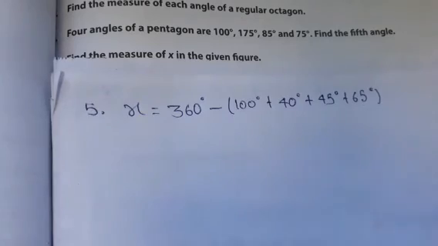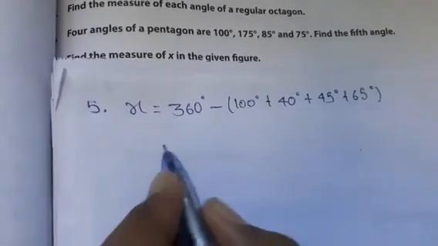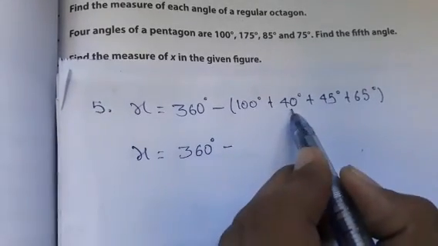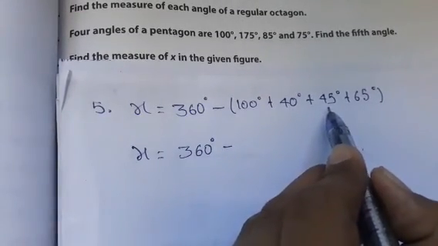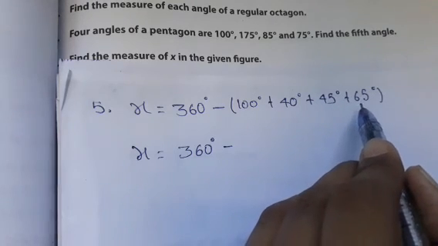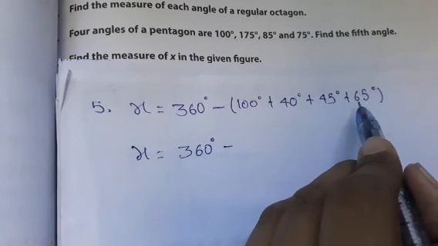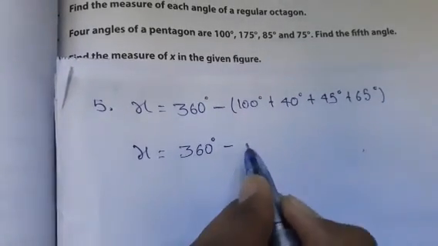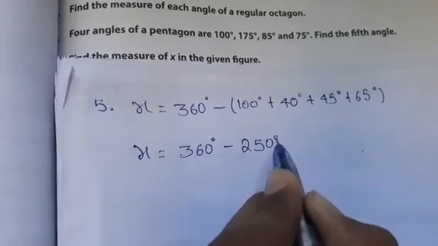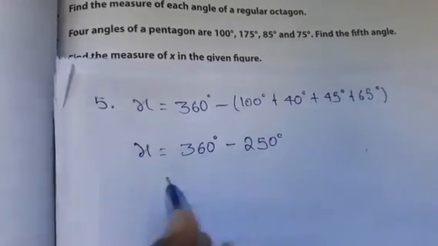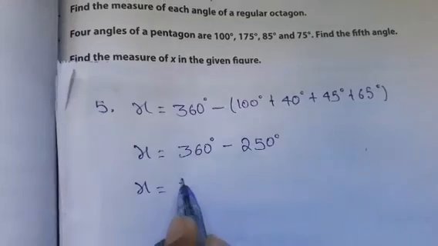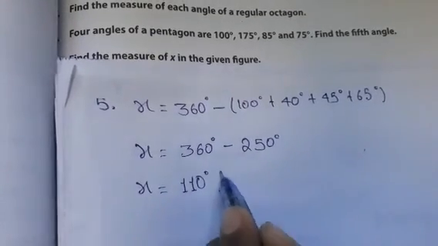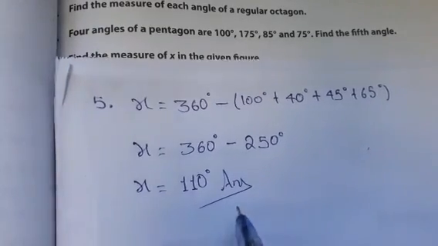Now add the 4 exterior angles: 140, 185, 250. So we write here 250. Now subtract. x is equal to 110 degree. This is the answer.